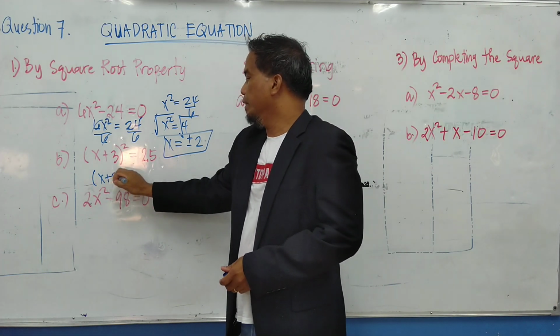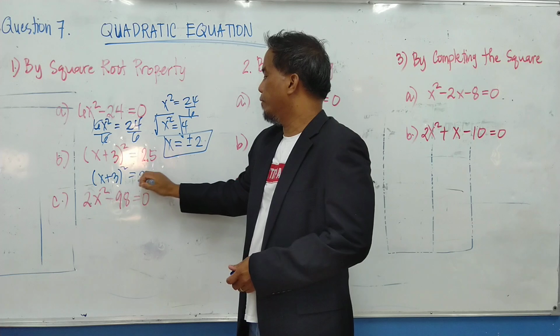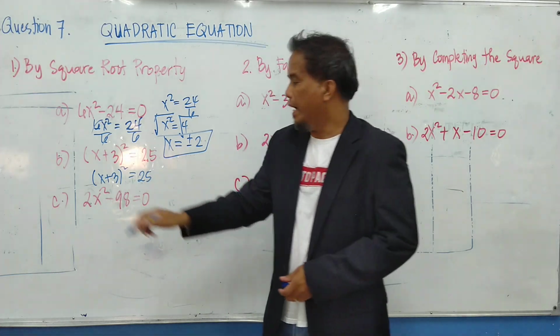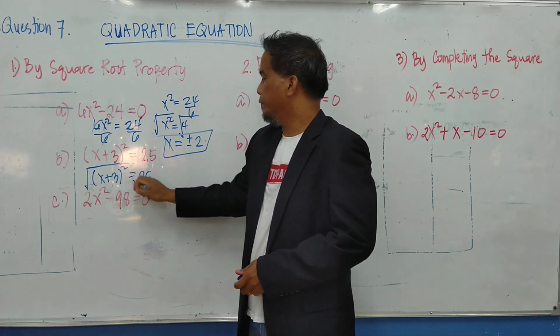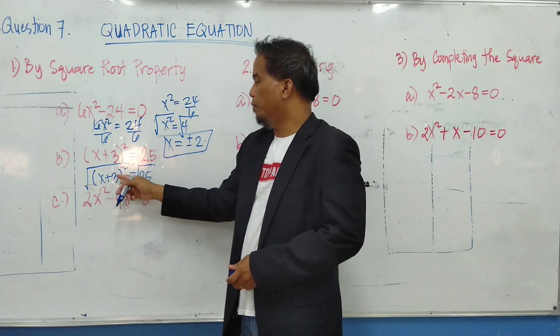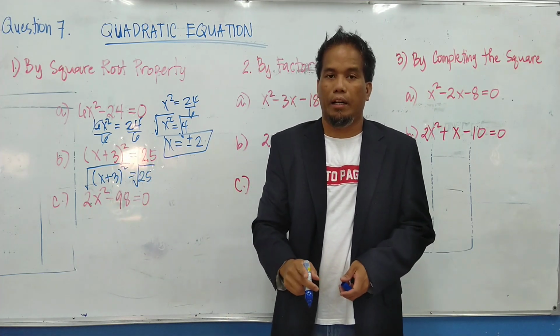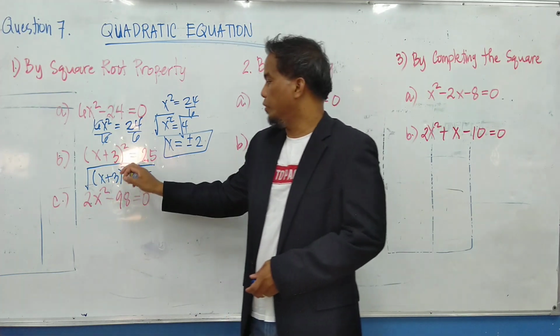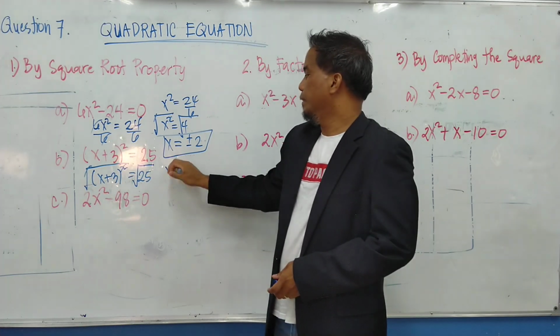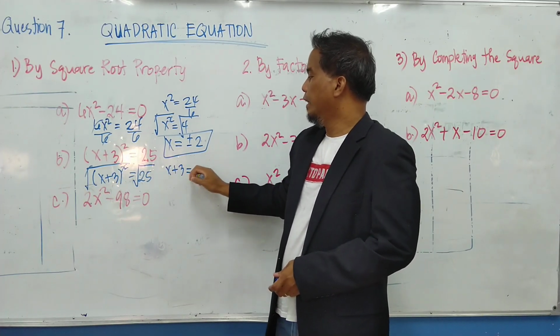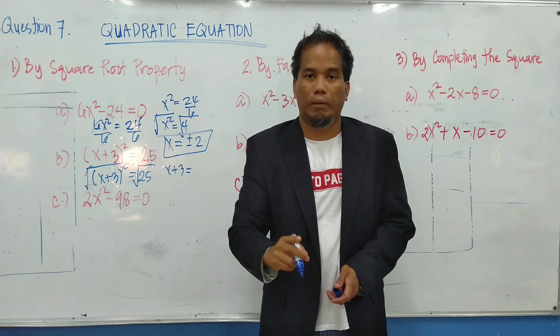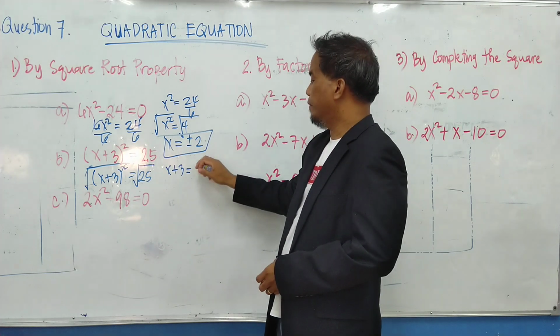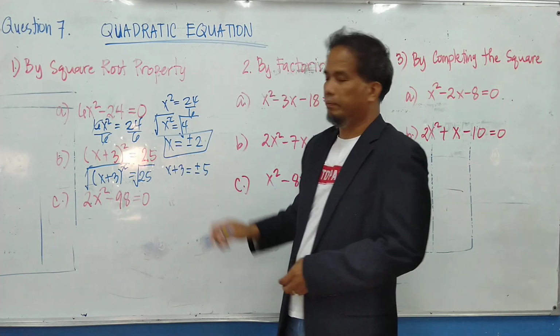Quantity x plus 3 squared is equal to 25. We just copy it. Then apply the square root property. The square root of quantity x plus 3 raised to the second power is equal to x plus 3. Then the square root of 25 is equal to positive negative 5.